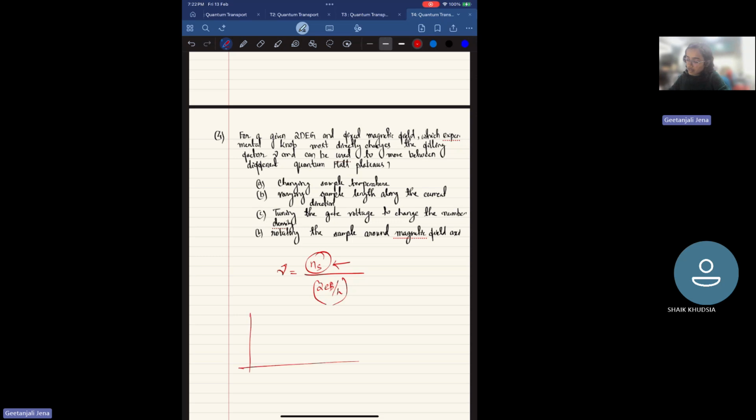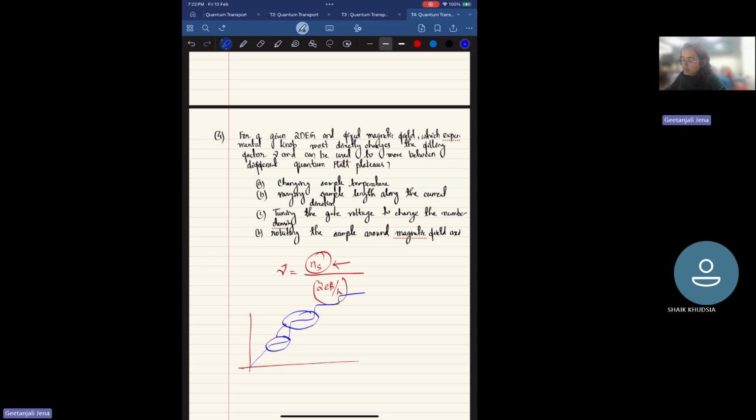So what I mean is that in the graph, we have seen like this, right? And to go from this plateau level to this plateau level, for a given magnetic field, so we are keeping the magnetic field constant, the only factor we have is the number density.